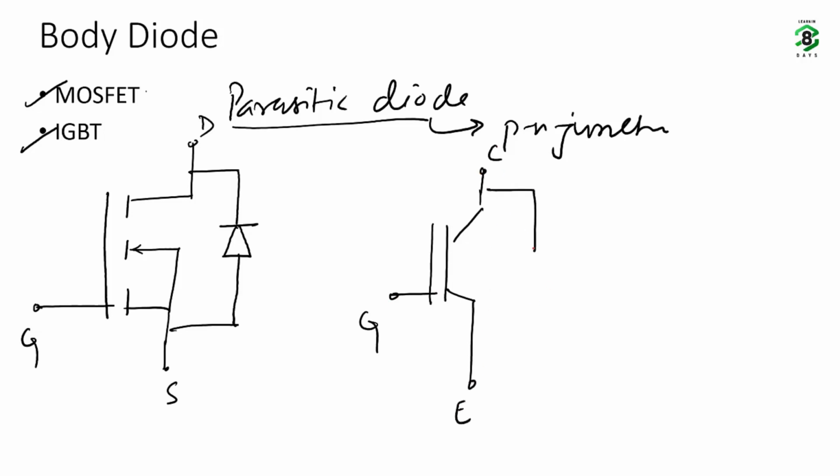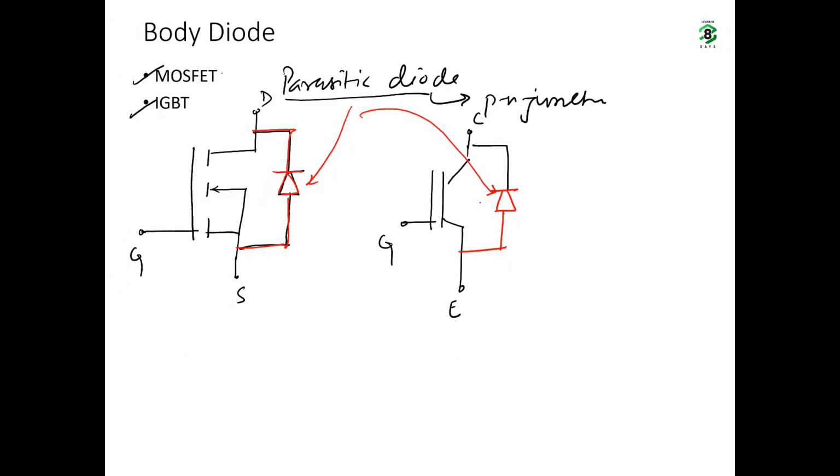And for the IGBT, collector and emitter here. This is the parasitic diode. So due to the presence of this parasitic diode, its behavior will change.